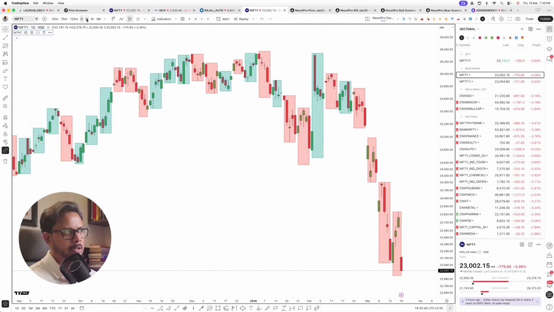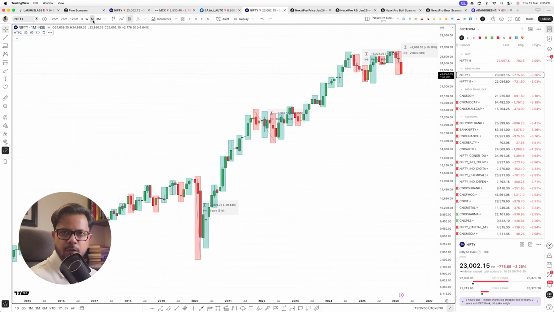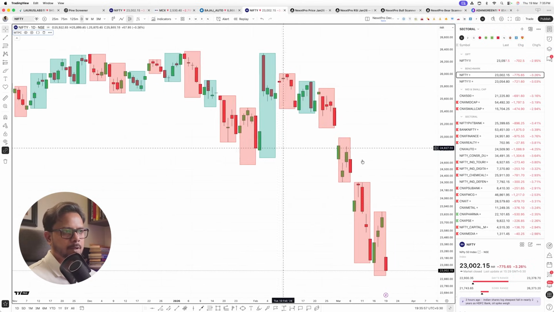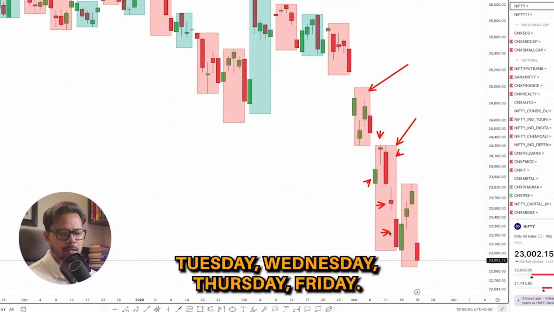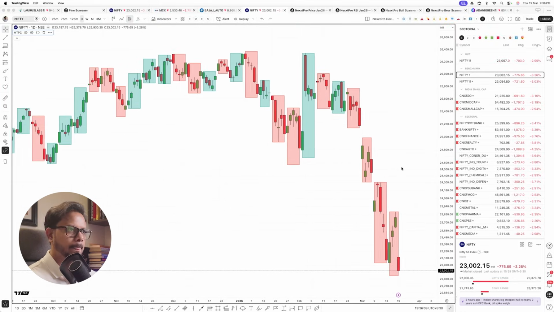If you change from daily to weekly, or from weekly to monthly, it automatically adjusts. So on the daily time frame, it takes the weekly. You can see here, every pillar, every rectangular box like this is Monday, Tuesday, Wednesday, Thursday, Friday. And of course, if there are 4 days in a week, it will just take those 4 days.